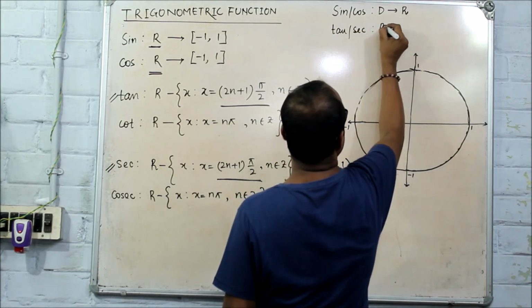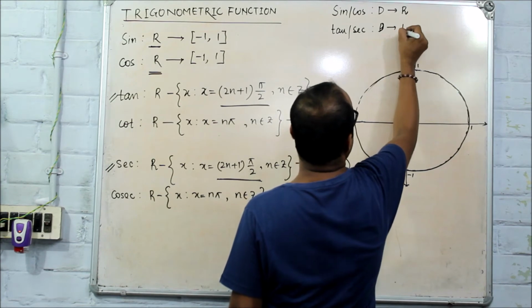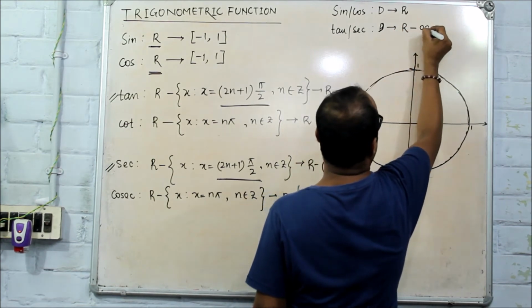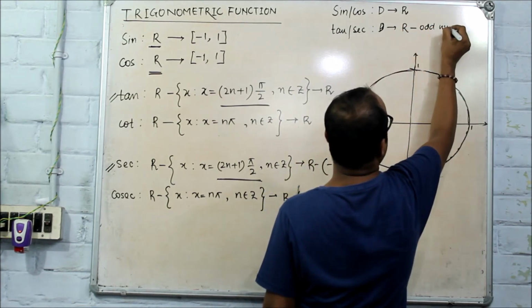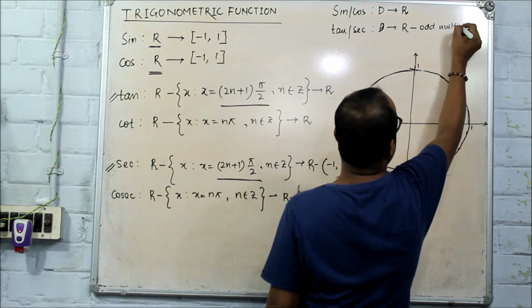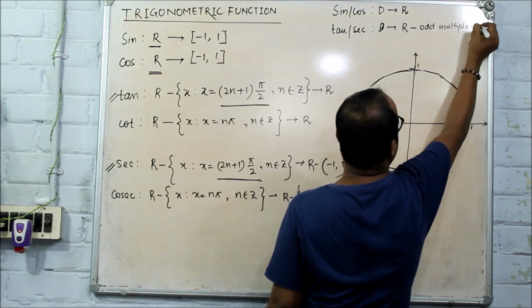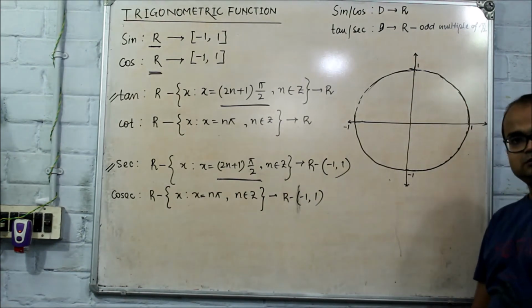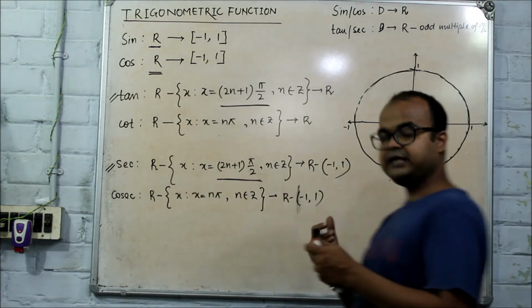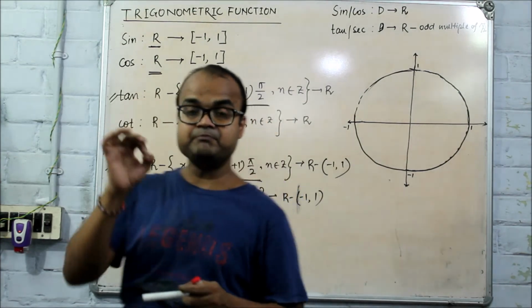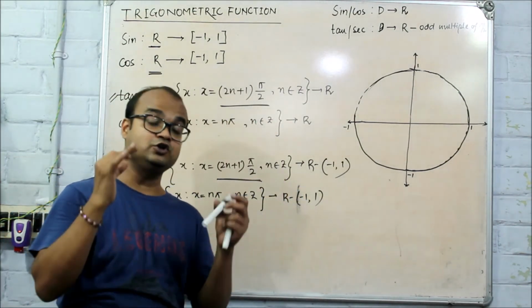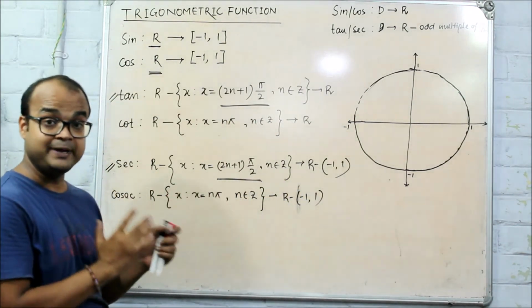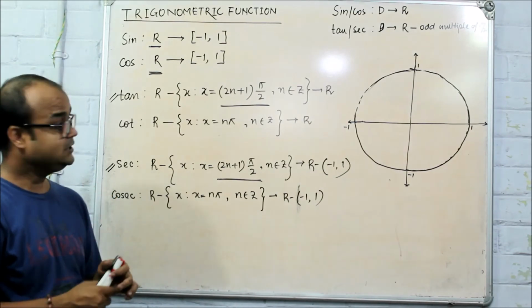domain is R minus odd multiple of pi by 2. Clear? You need to make a pair so that you remember this domain and range all the time.